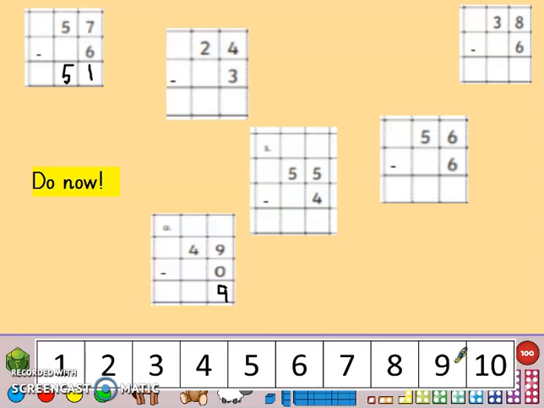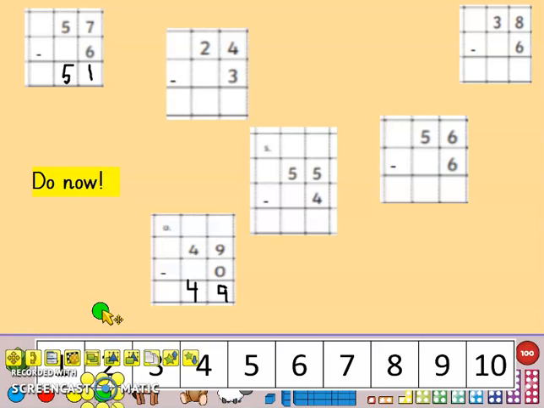If I have 9 and I take away nothing, that means I have no jumps backwards. And 4 is also take away nothing. So the number stays exactly the same. That's funny. 4 take away 3. Let's try it out.